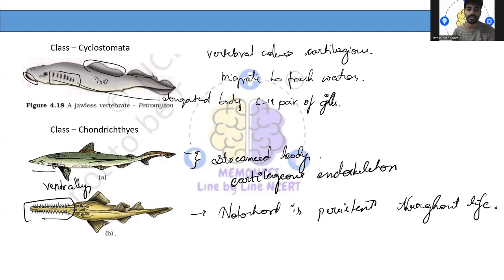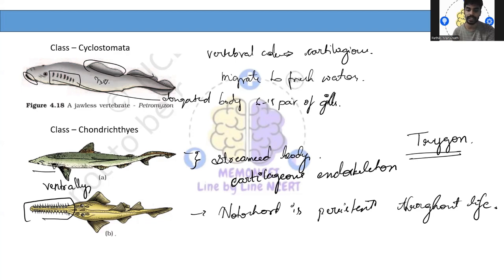Some of them have electric organs. If you touch it, you'll actually feel a shock. For example, torpedo, have you seen the torpedo fish? It is an electric fish, so it has electric organs. They are obviously cold-blooded animals, and they are not capable of regulating their body temperature.